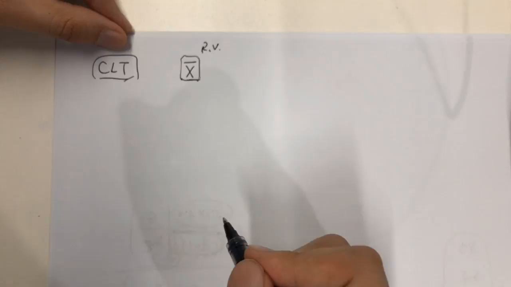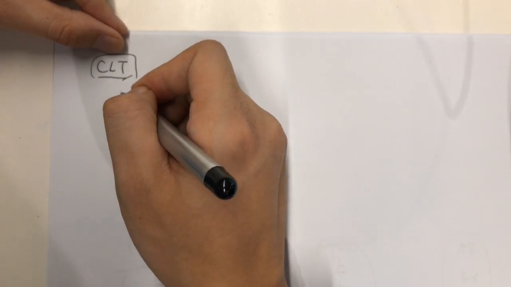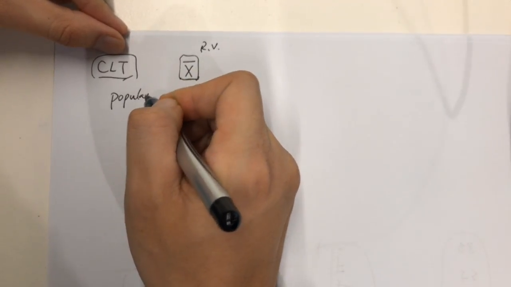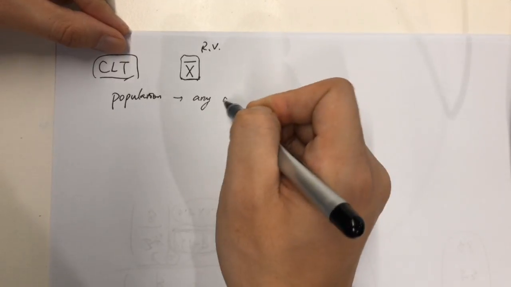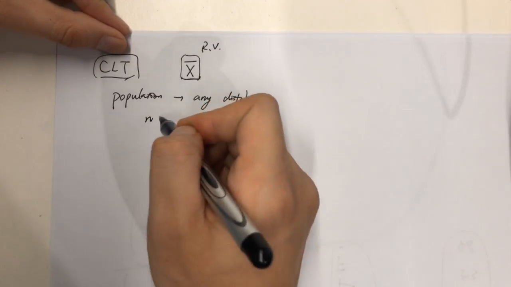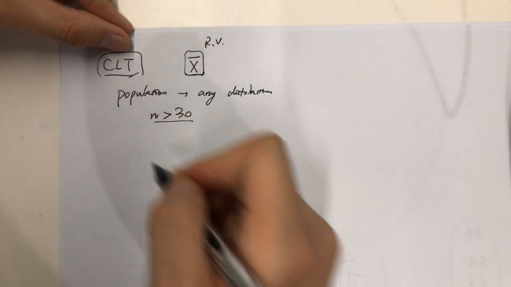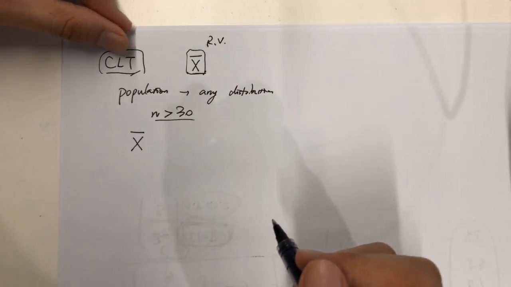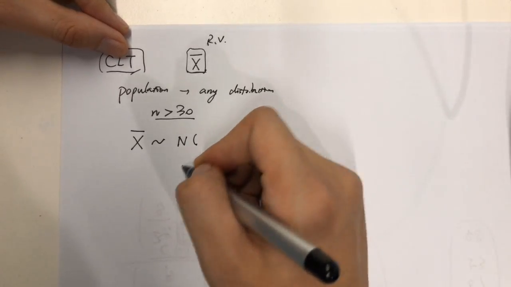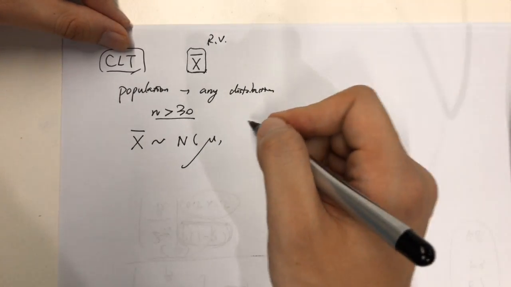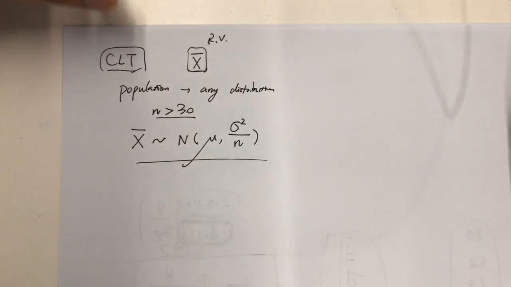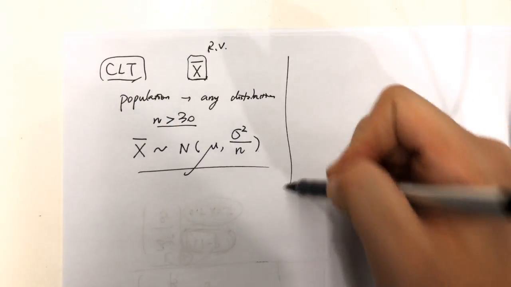So central limit theorem is basically telling us that no matter how the population is distributed, the population can be any distribution, as long as n is greater than 30, then the sampling distribution of sample mean can be approximated by a normal distribution. And the mean of this normal distribution is the population mean mu, and the variance of this distribution is sigma squared divided by n. Okay, so this is basically what central limit theorem tells us.